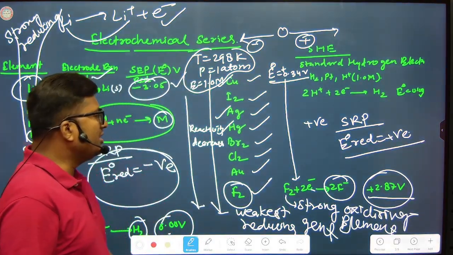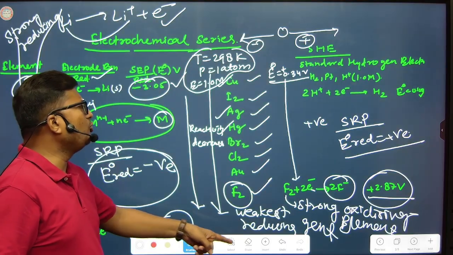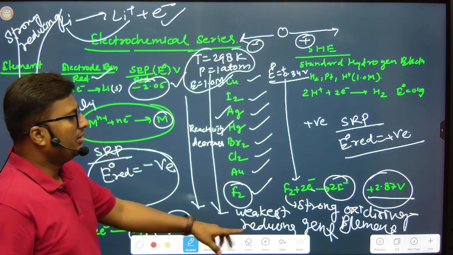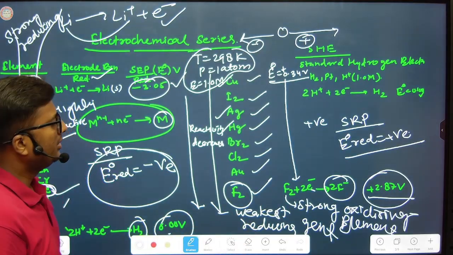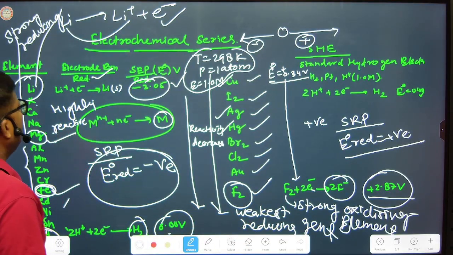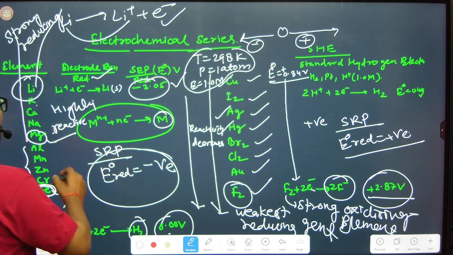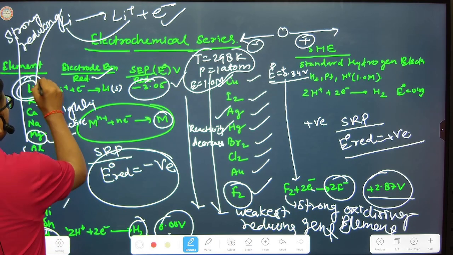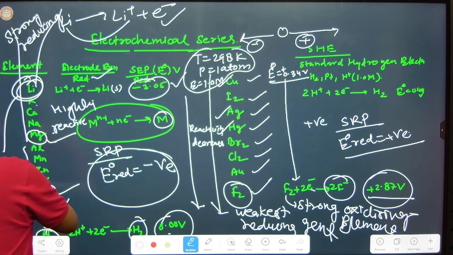But once you move from bottom to top, oxidizing power decreases. So the least oxidizing element is lithium, right?